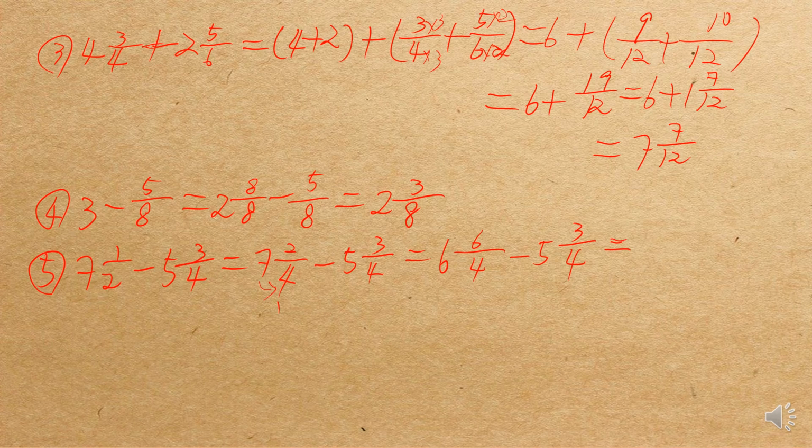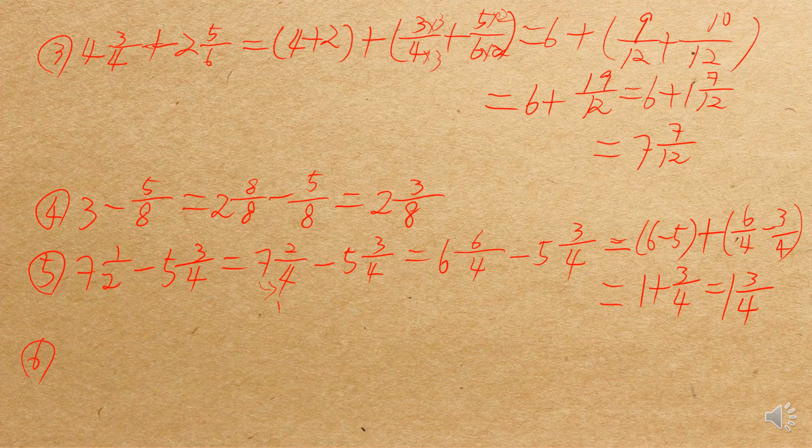Then 6 minus 5 plus 6/4 minus 3/4. The final answer is 1 plus 3 quarters, which is 1 and 3/4.